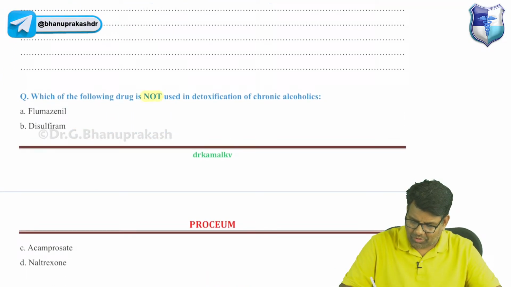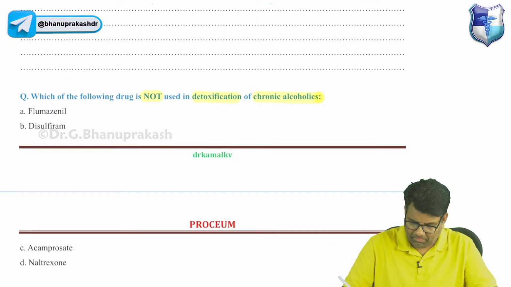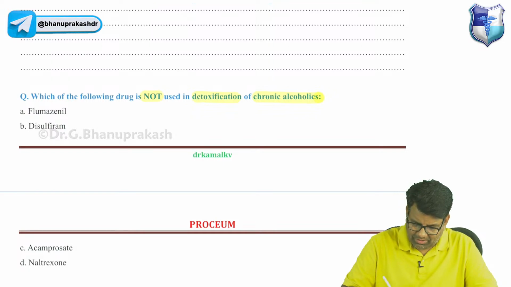Which of the drugs is not used for detoxification of a known alcoholic case? Which of the following is not used? Disulfiram is used.